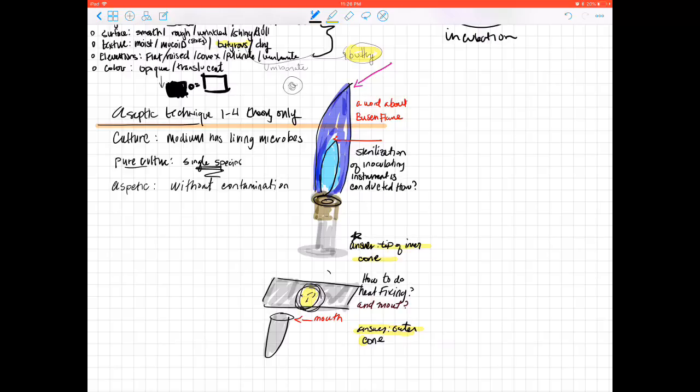And when you aseptically transfer something, you do this without contamination. And you can get contamination from anywhere. You can get it from the bench, from the environment, from your inoculum. You could accidentally touch something. You can get it from almost anywhere. And so aseptic technique just basically means you're trying to not contaminate your sample.